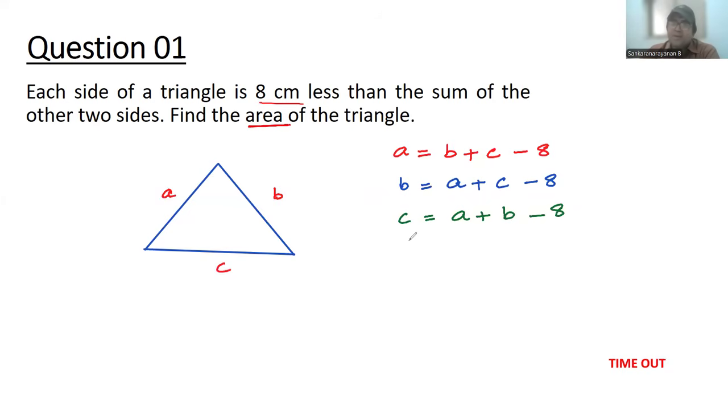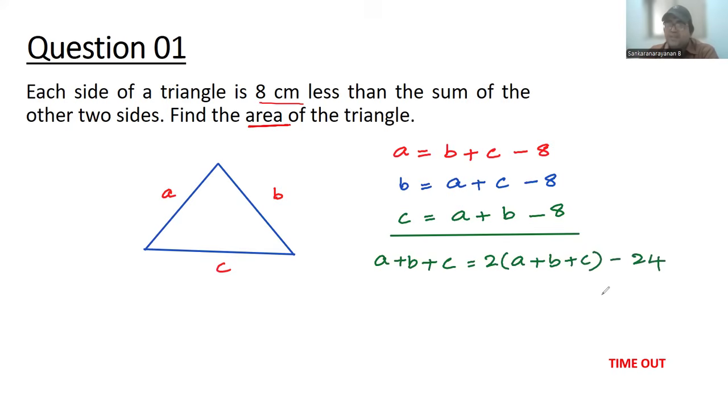Now, I am going to add the three conditions that I have presented here. So I get A plus B plus C is equal to 2 times (A plus B plus C) minus 24. Got it?